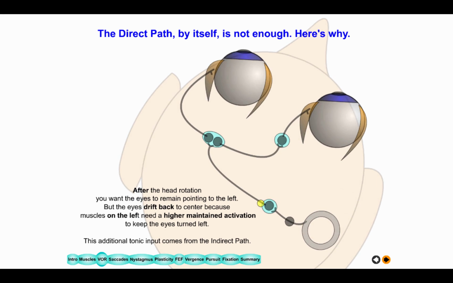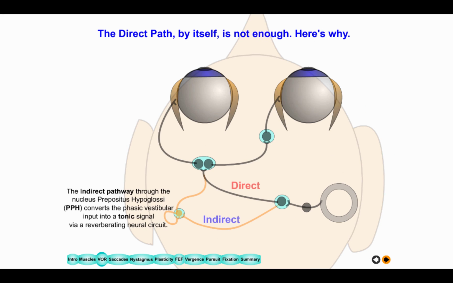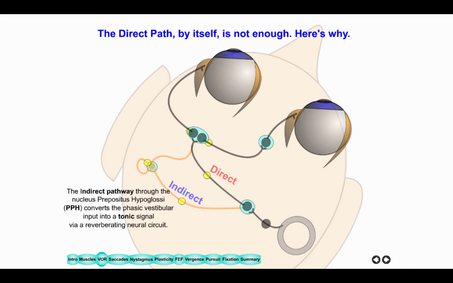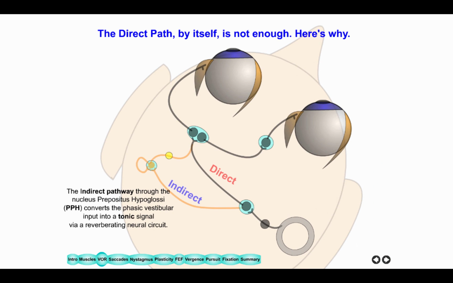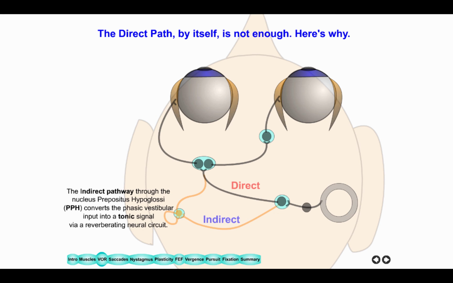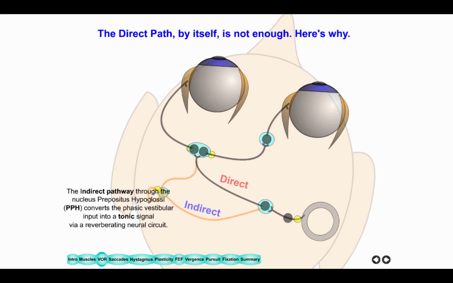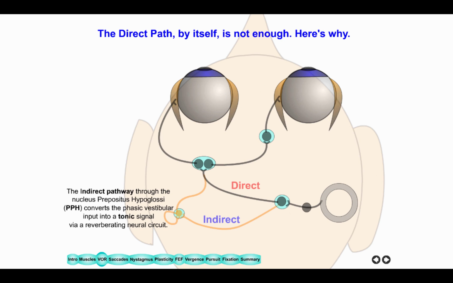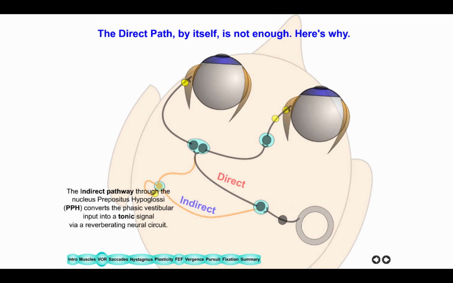And that other thing is called the indirect pathway. And you can see it here. You see from the vestibular nucleus, you go to this indirect pathway. And the indirect pathway goes through this horribly named prepositus hypoglossi, PBH for short.